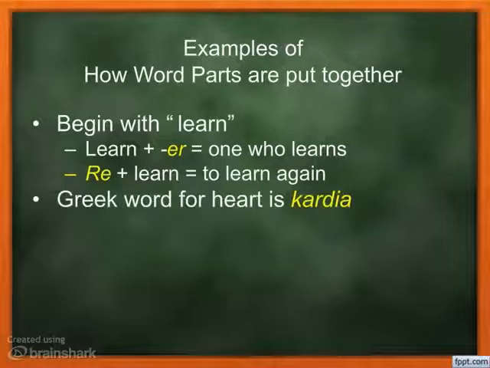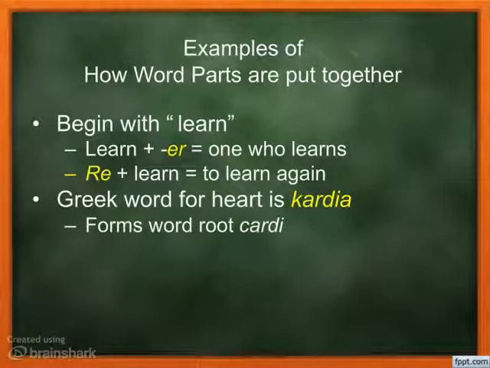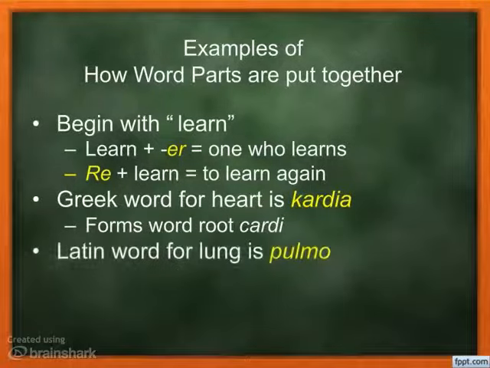The Greek word for heart is kardia, spelled with a K. Typically, we use the word cardia with a C. So the root for heart is cardi, and then you would add a suffix to that to get another word.